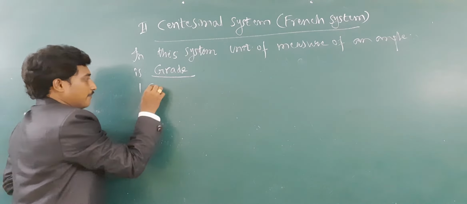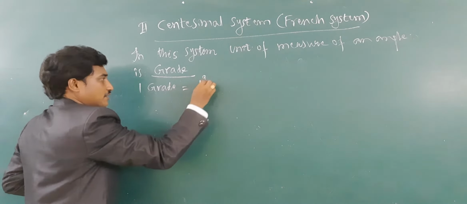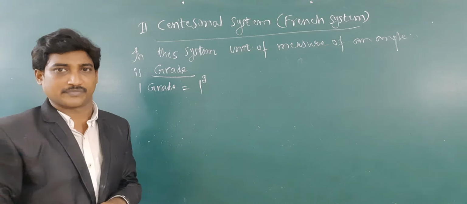One grade is denoted as 1 with a superscript g on the top, and we read it as one grade.